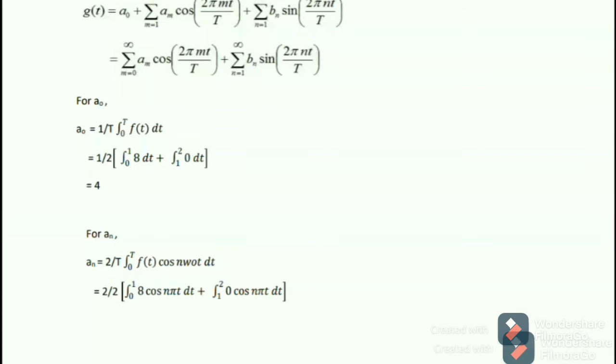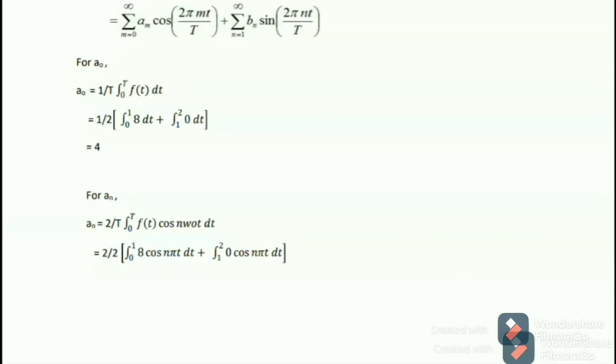Next, for An, we know the equation is 2 over T integral T0 f(t) cos(n omega t) dt. We solve the equation and we've got the answer is 0. Next, for Bn, we know the equation is 2 over T integral T0 f(t) sin(n omega t) dt.